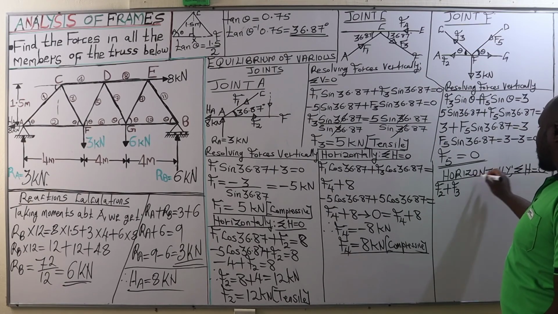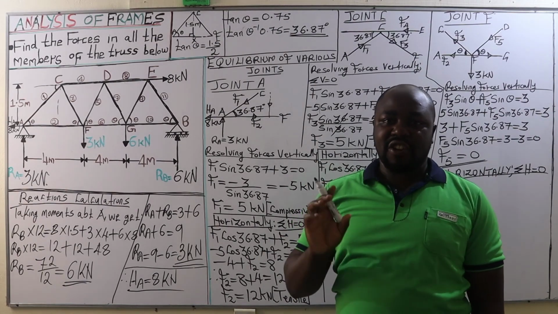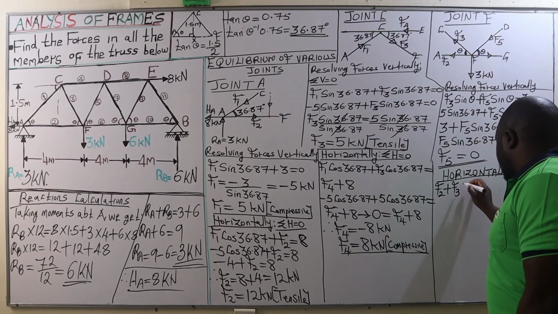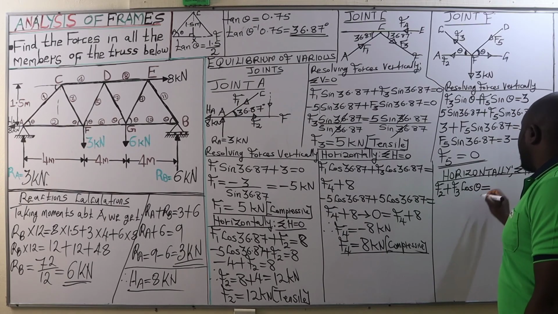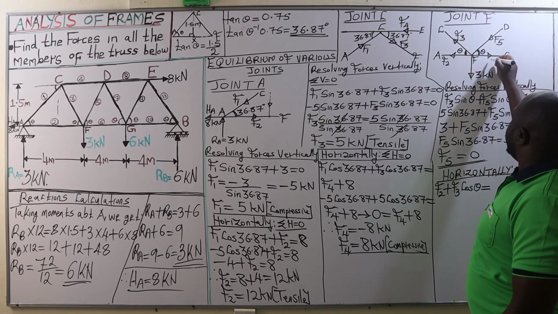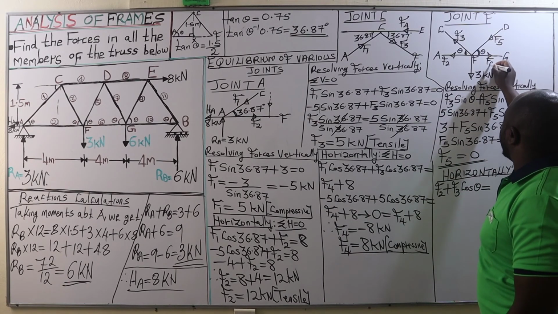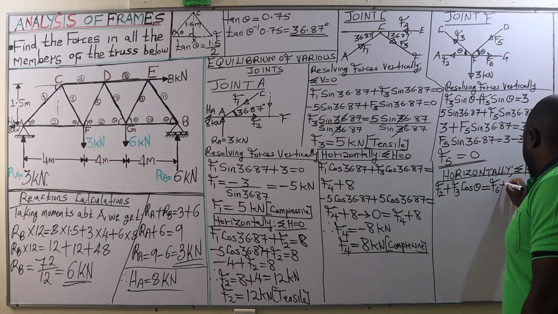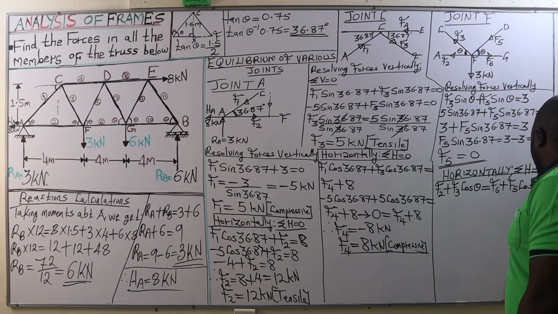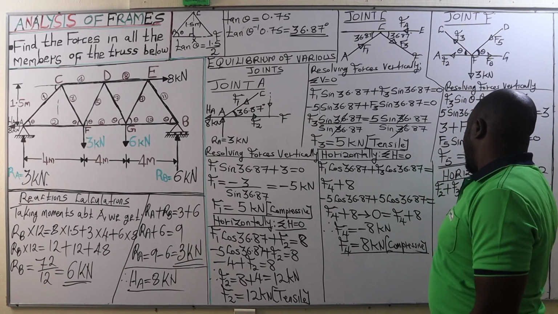When we are solving the forces horizontally, we multiply a force by cos of that angle. So that is F3 multiplied by cos theta is equal to F6, this is number 6, so it's equal to F6 plus F5 multiplied by cos theta, that is the cosine of this angle that we have here.